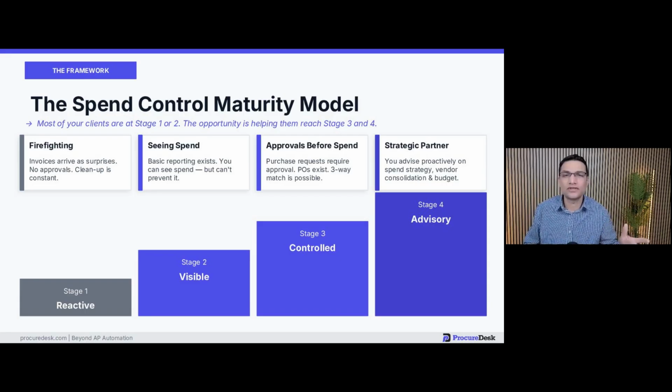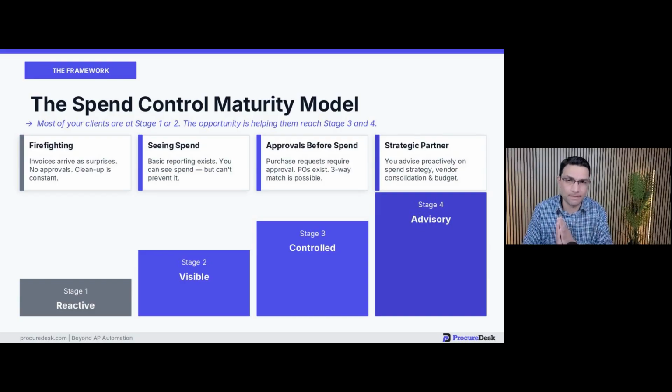Then the invoice comes in and there's a matching of the invoice with the purchase order and the receipt or whatever the case might be. So you're following an end-to-end process, and that means your team is not chasing people for approvals or asking, "Hey, what is this for?" or "where should I code this?" Because all the information is already present in the system, and I'm going to walk you through how you set up this end-to-end process.